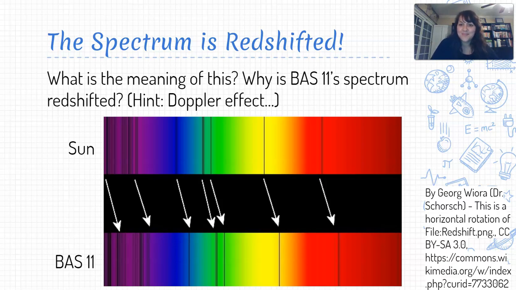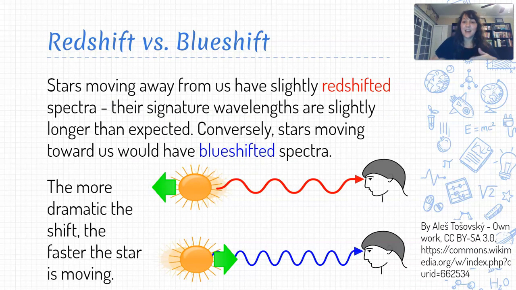All right, so the Doppler effect, as a reminder, basically says that the wavelengths that we perceive for an emitted wave are altered depending on whether the source of those waves is moving towards us or away from us.